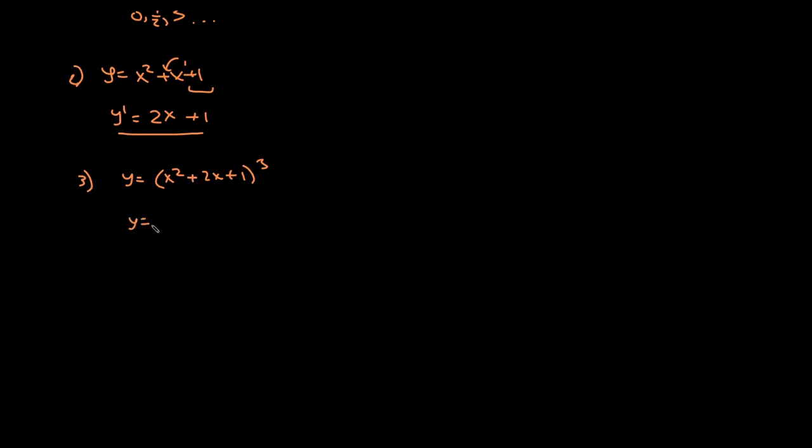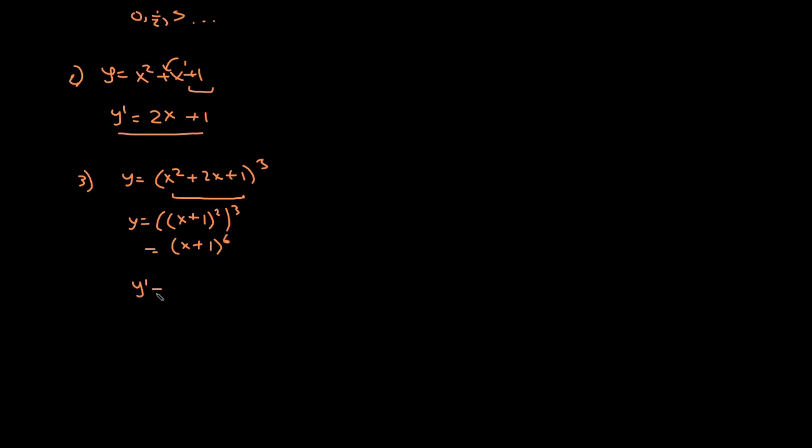But I want to be a little bit clever about this, because I recognize that the inside is actually a quadratic. We can say that this is x plus 1 squared. Then we raise it to the power of 3 and multiply the exponents together, so we get x plus 1 to the 6th.